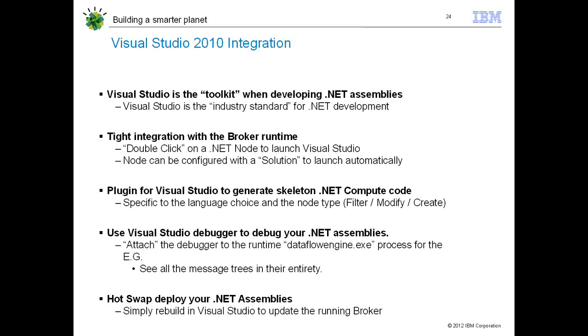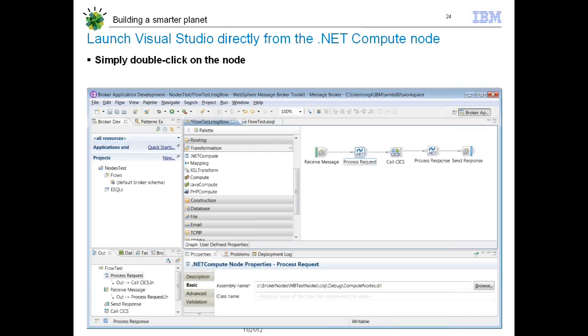It asks whether you want to create a .NET node or an ESQL node, and it even takes the .NET procedure. It has to invoke the path for the .NET assembly, and it takes care of all that. So it's that easy. Moving to the next slide.